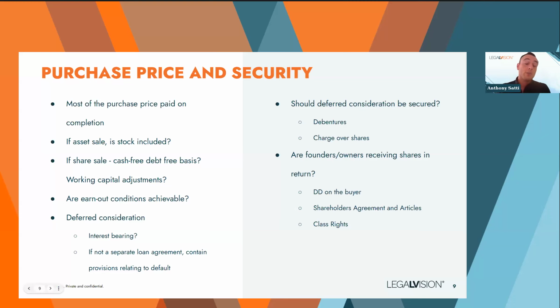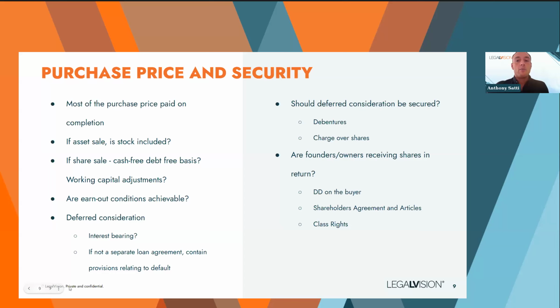If you are receiving shares in the buyer entity, then you need to approach that as your own little acquisition, and ask your own due diligence questions about the buyer, looking at any shareholders agreements or articles that you're about to become subject to as a shareholder in that buyer company, and really questioning what rights you have for the particular classes of shares that you'll be receiving in that company. Do you have voting rights? Do you have dividend rights, and things of that nature?